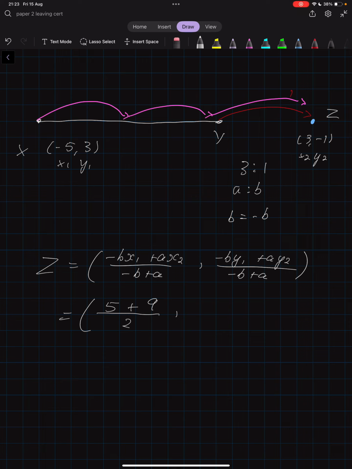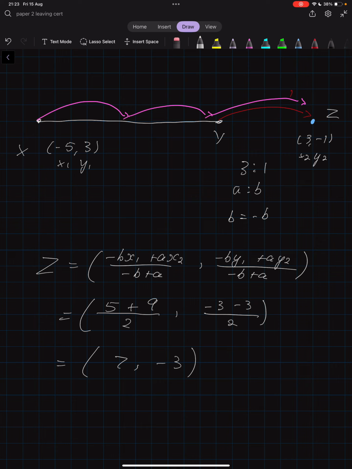Sorry, that's my fault. And then it's minus 3 here. Then it's plus 3 times minus 1, so it's going to be minus 3 again, all over 2. So this one now is going to be 7 and minus 3.